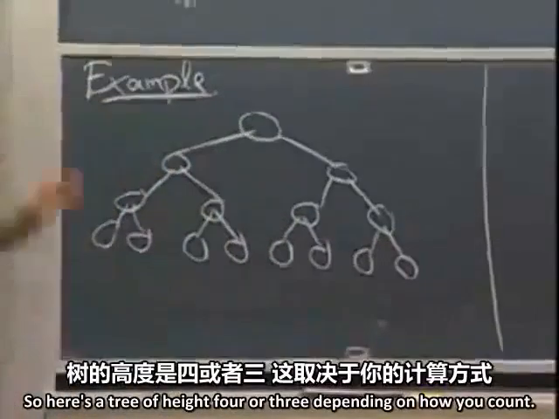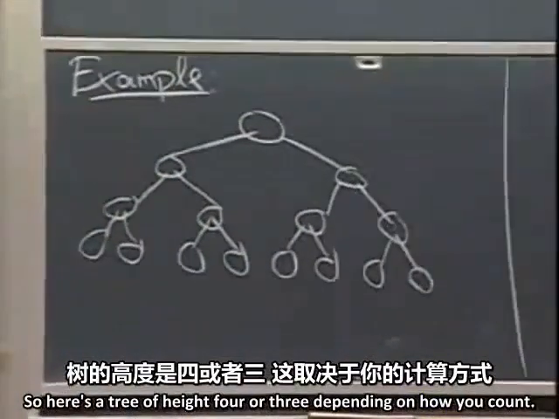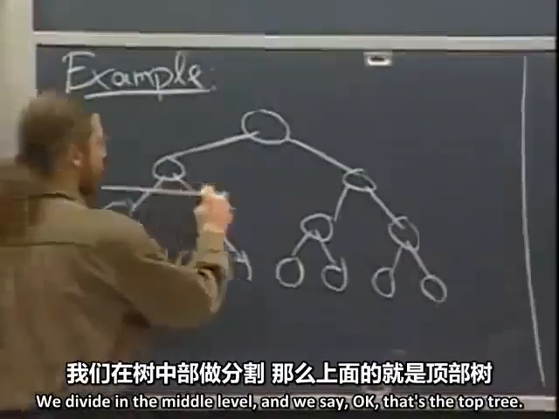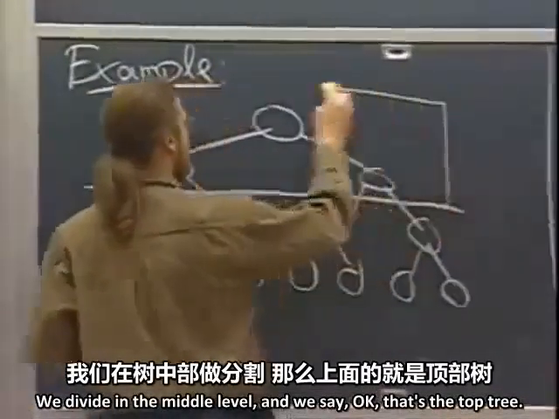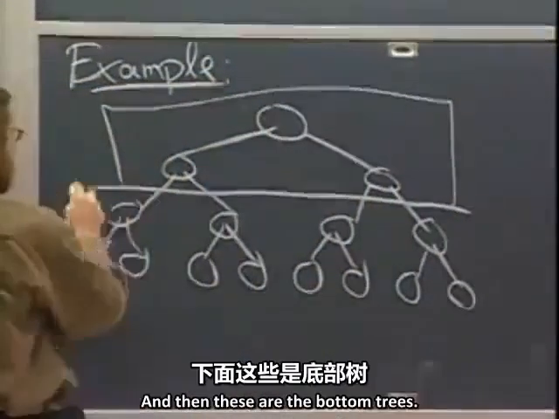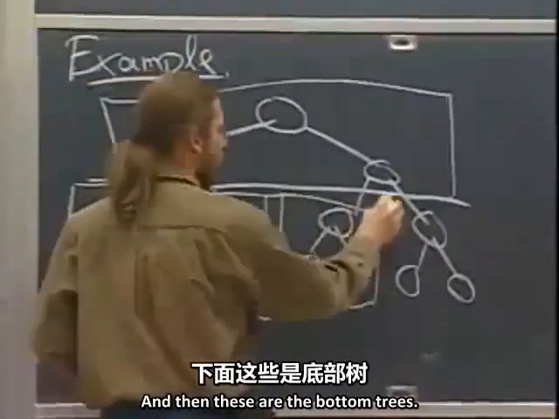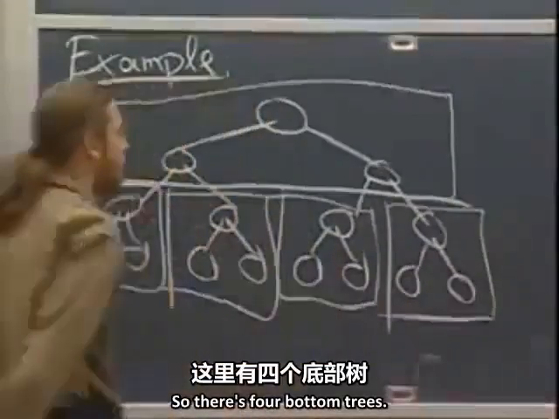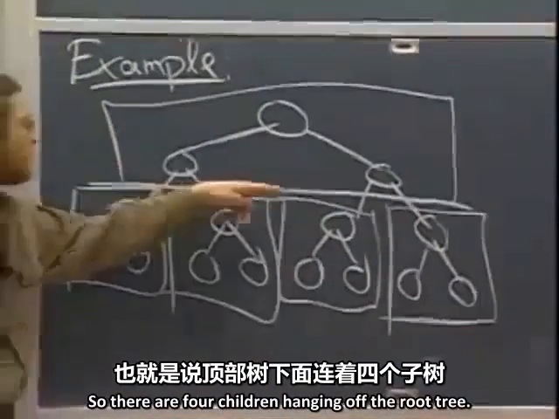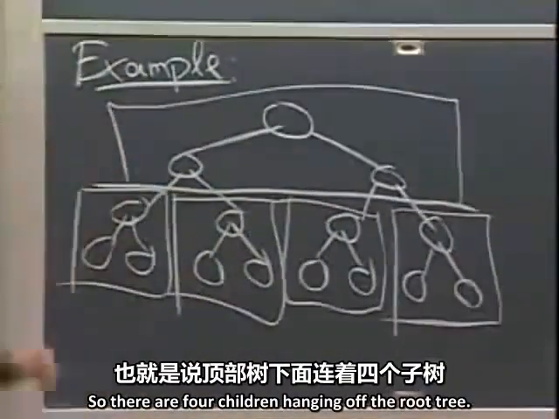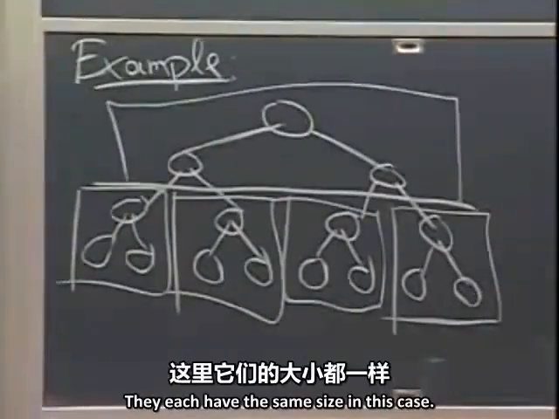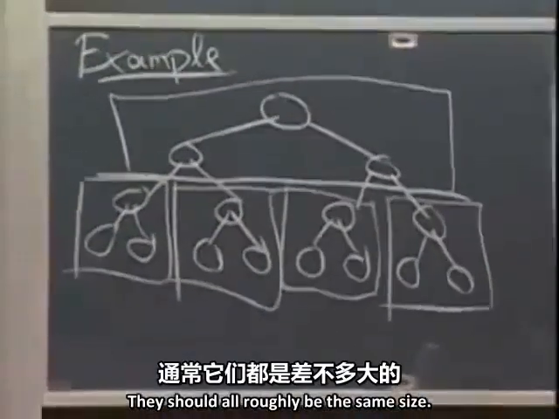So here's a tree of height 4 or 3, depending on how you count. We divide in the middle level. And we say, OK, that's the top tree. And then these are the bottom trees. So there's 4 bottom trees. So there are 4 children hanging off the root tree. They each have the same size in this case. They should all roughly be the same size.